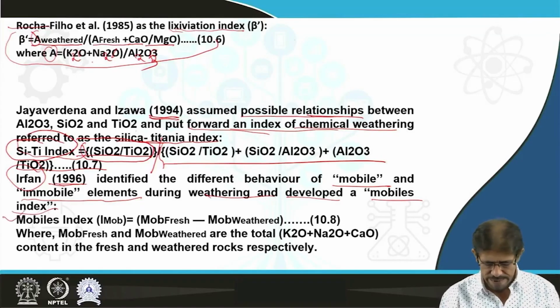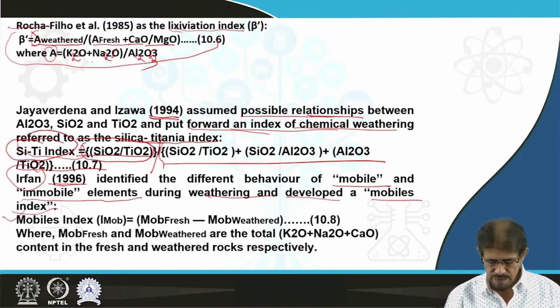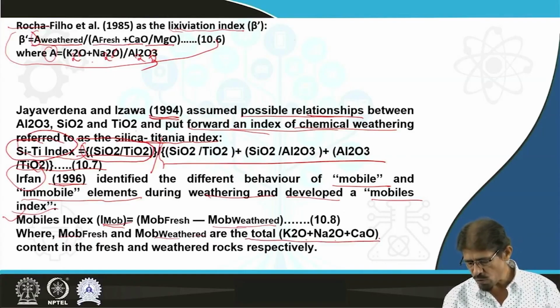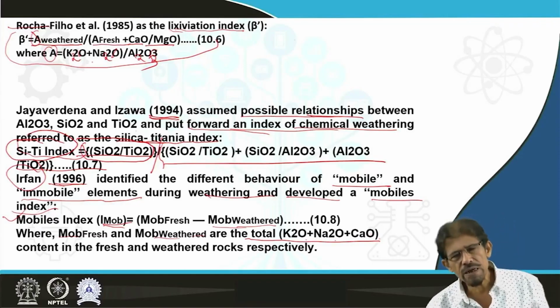This mobile index is very simple. It is the mobile fresh minus the mobile weathered, where the mobile fresh and mobile weathered are the total K2O plus Na2O plus CaO contained in the fresh and weathered rock respectively.